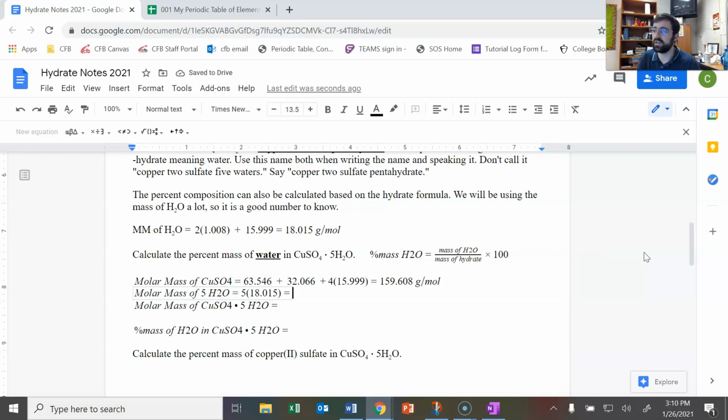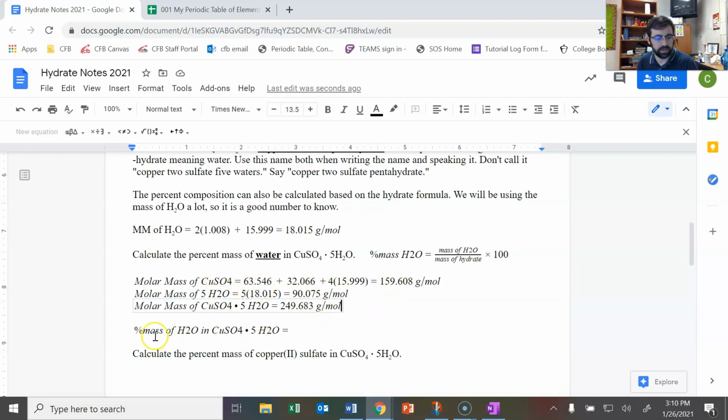Multiply that out, you're going to get 90.075 grams per mole. And then down here, when I add those two together, I'm going to get my total molar mass of the hydrate. So add those two together, you end up with 249.683 grams per mole. And that was just adding these two numbers together because it's the mass of both of them.